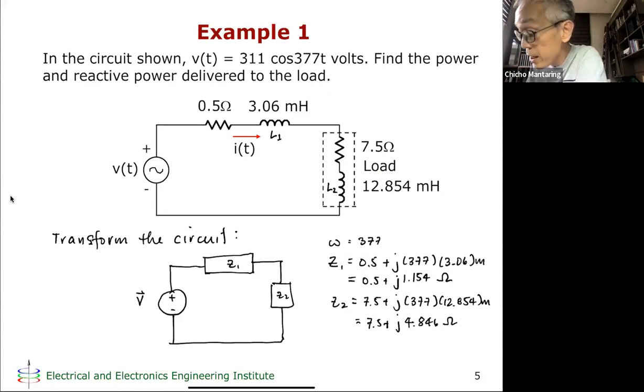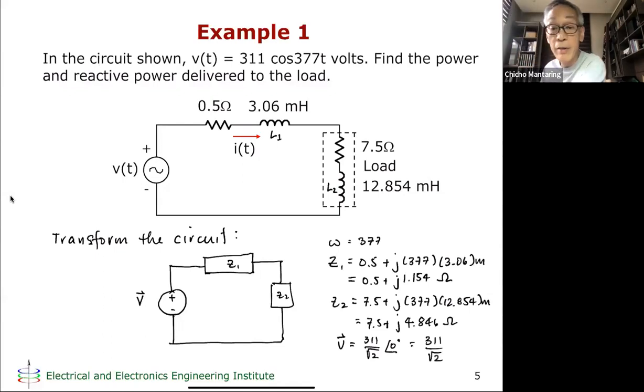On the other hand, V, the phasor equivalent of our source, is going to be 311 over the square root of 2 at an angle 0, which is actually just 311 over the square root of 2 in rectangular form, because if it is at an angle 0, that means there's only a real part. In other words, in rectangular form, this is 311 over the square root of 2 plus j0.